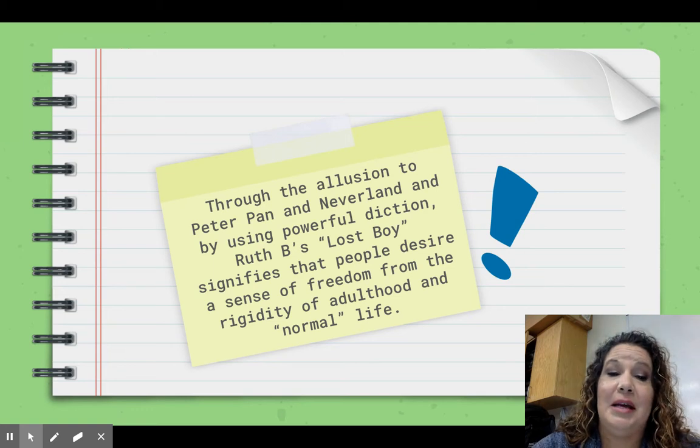I'm reviewing my claim that through the allusion to Peter Pan and Neverland, and by using powerful diction, Ruth B's Lost Boy signifies that people desire a sense of freedom from the rigidity of adulthood and normal life. Even though I will not be using the claim in my summary, it's important to review it so that I can remember what exactly I focused in on.